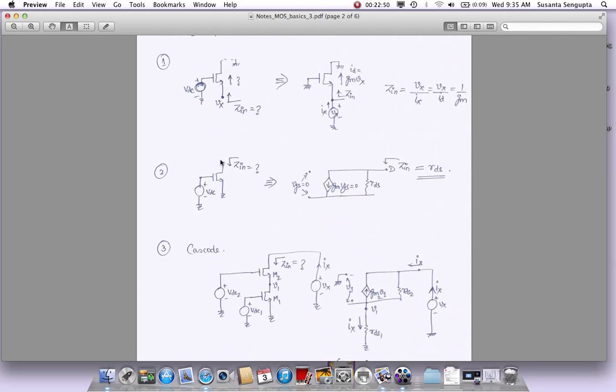So if I have a swing here at this point caused by some other circuitry, that swing will actually cause a change in the current, because there is an RDS, there is channel length modulation going on. So this is a current source which will not be sinking a constant current all the time.